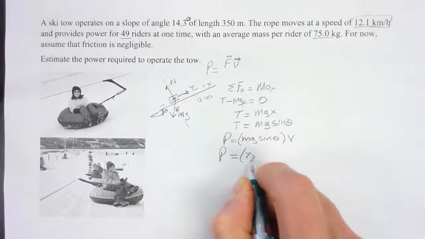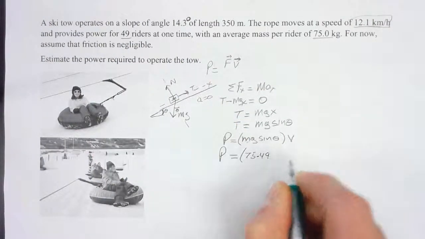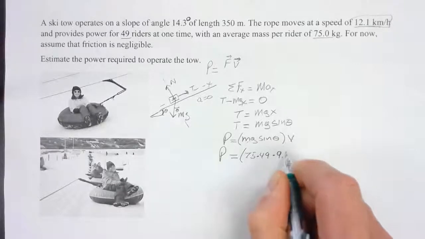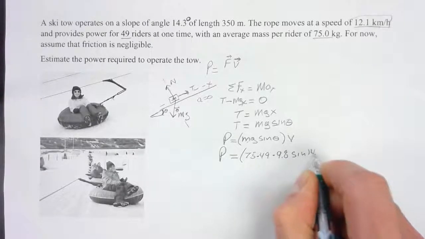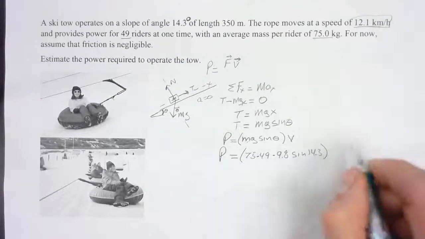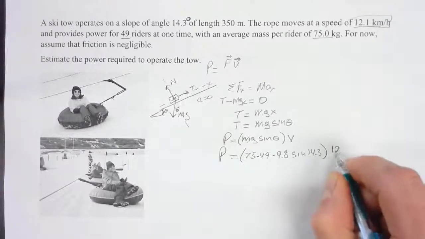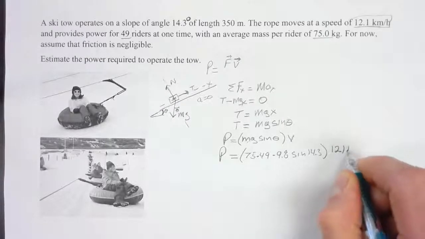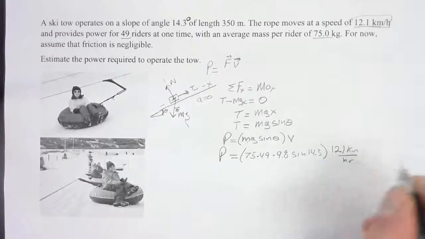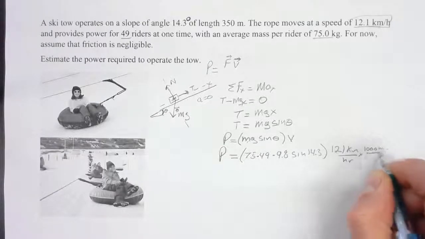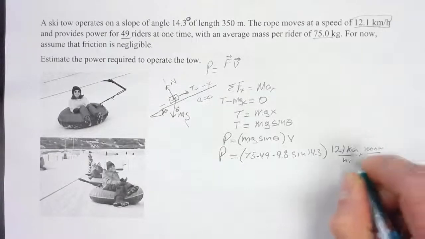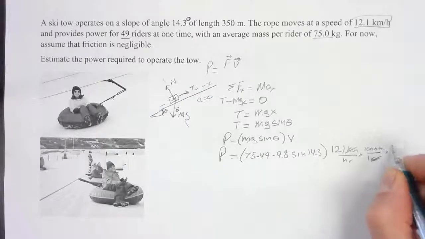So that's 75 times 49 times g, which is 9.8, times the sine of 14.3, all that times that velocity of 12.1 kilometers per hour, but that has 1,000 meters for 1 kilometer, and 1 hour is 3,600 seconds.